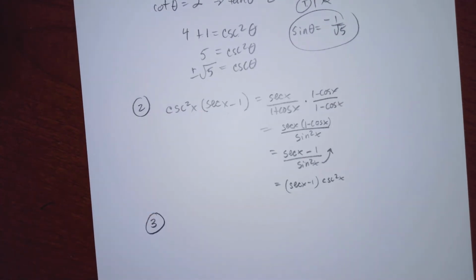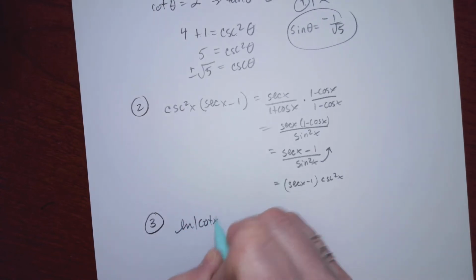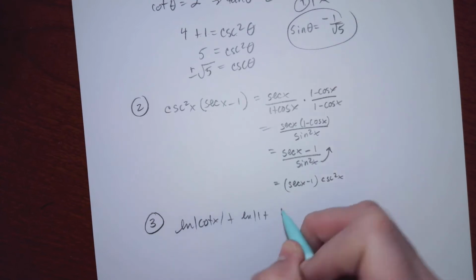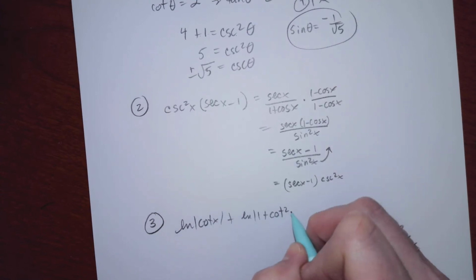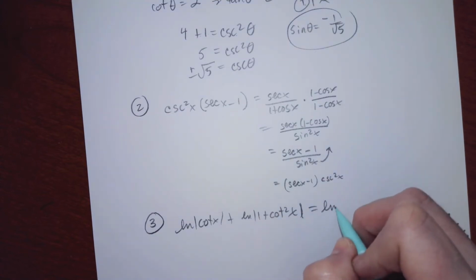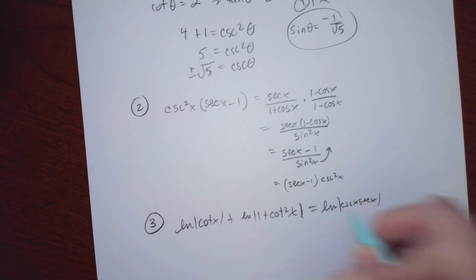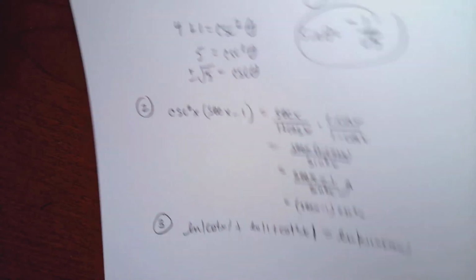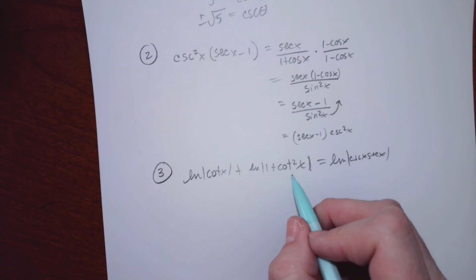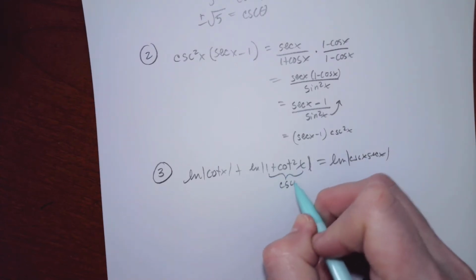So 3, verify this identity. So we have ln of cotangent plus ln of 1 plus cotangent squared equals ln of cosecant secant. Okay, so let's see what we got here. 1 plus cotangent squared is equal to cosecant squared.